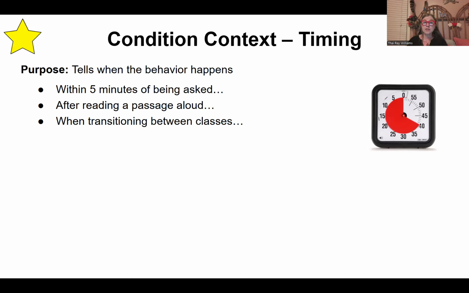And then the last one is when transitioning between classes, because that is a time. When do we want it to happen? We want it to happen when it is between classes. For example, when transitioning between classes, we want the student to go from one location to the next without detouring, without stopping and engaging in extended conversations with peers.